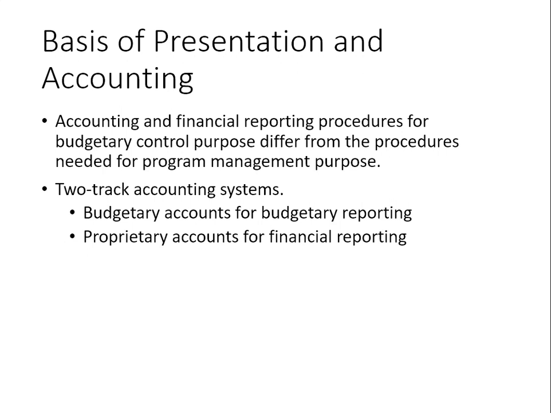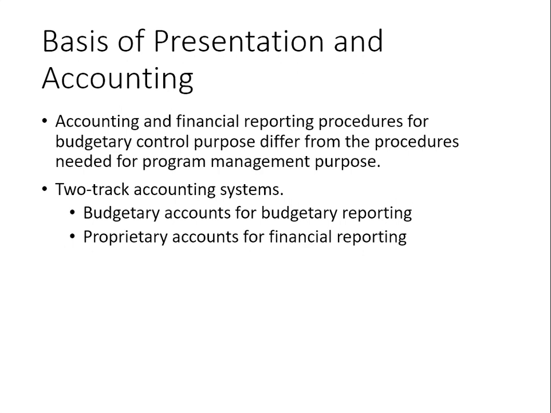The federal government accounting has to accommodate two functions: financial reporting and budgeting, basically. So accounting and financial reporting procedures for budgetary control purposes differ from the procedures needed for program management purposes.